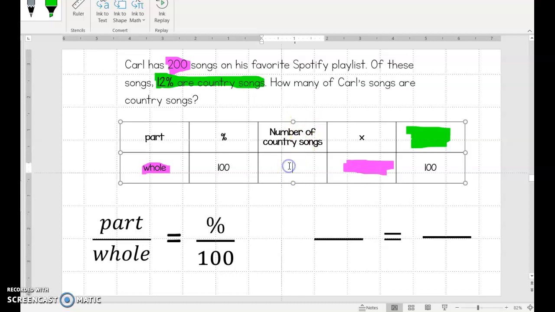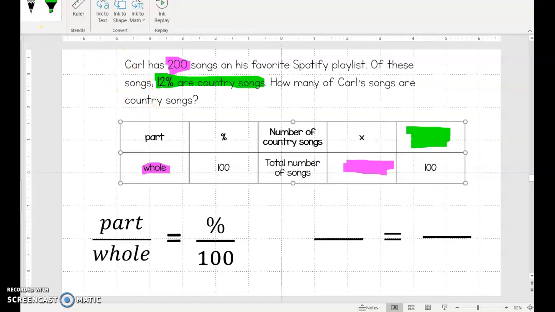And then my bottom, which is my whole, is the total number of songs on his playlist. Okay, so again, I'm just going to transfer those numbers. 200 total songs, and 12% of them were country.